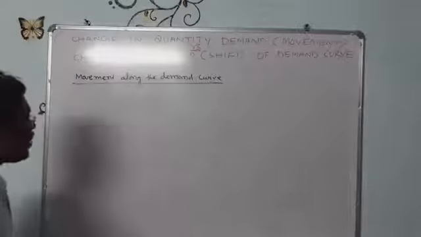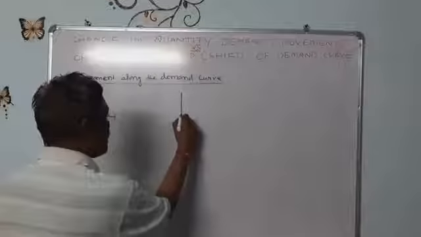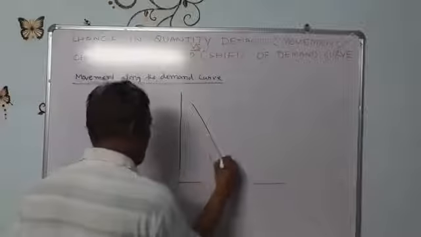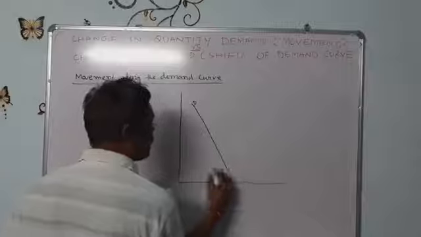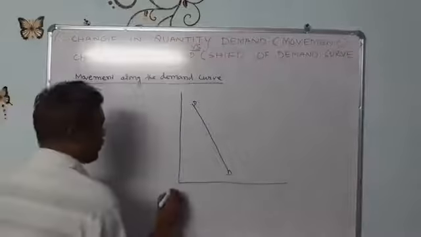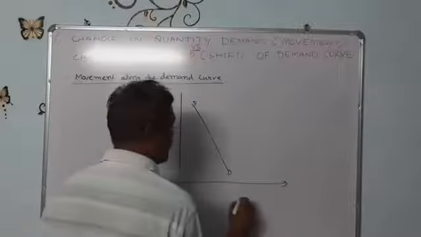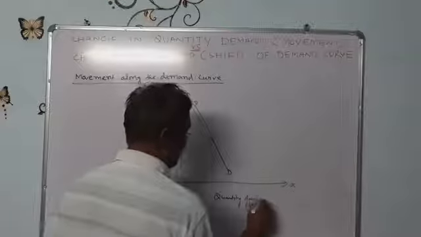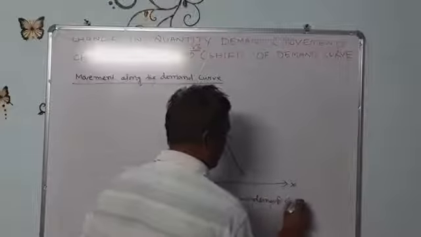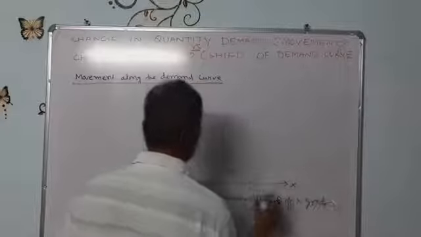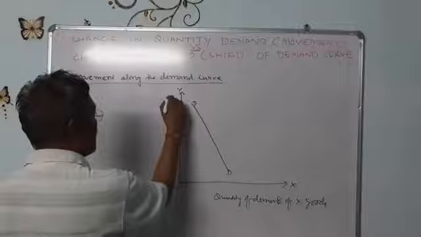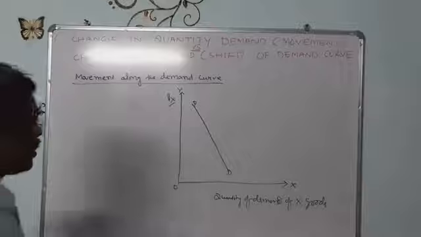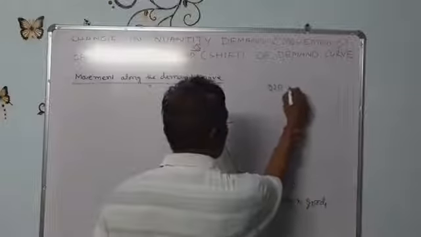So movement along the demand curve means, as we know, the demand curve slopes downwards from left to right. Here the x-axis is the quantity of demand of X goods, and the y-axis represents the price of X goods, and DD is the demand curve.